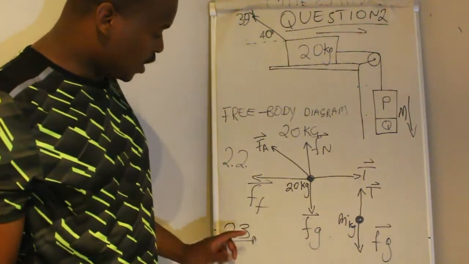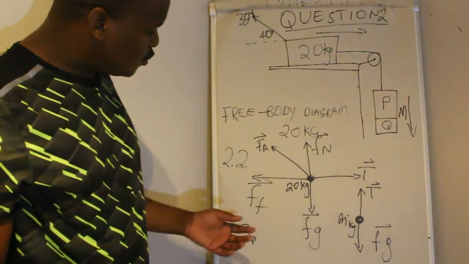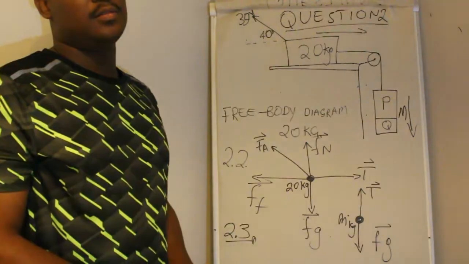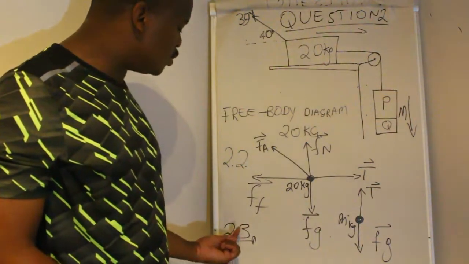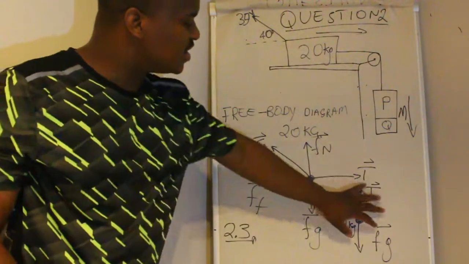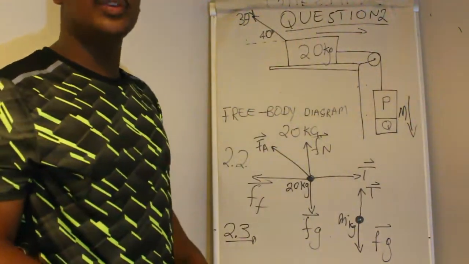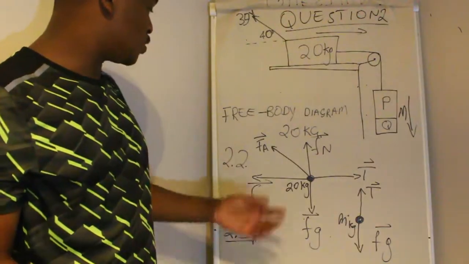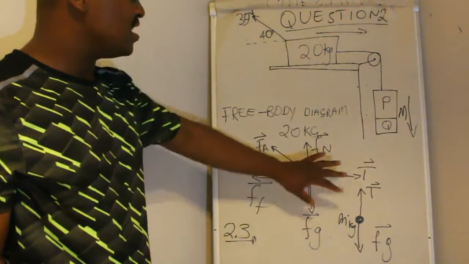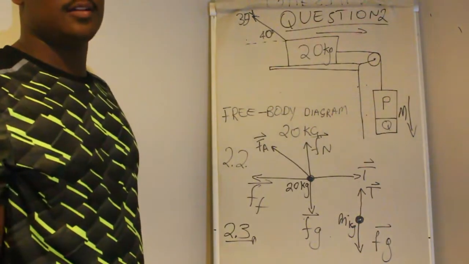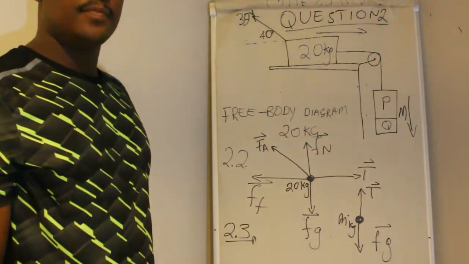Now I'll turn over to another page and do question 2.3 there. On that page, I'll be using this free body diagram. You might not really see this, but I'll come back to it in case we need it. Let me go to another page, write these free body diagrams and work with them using Newton's second law.